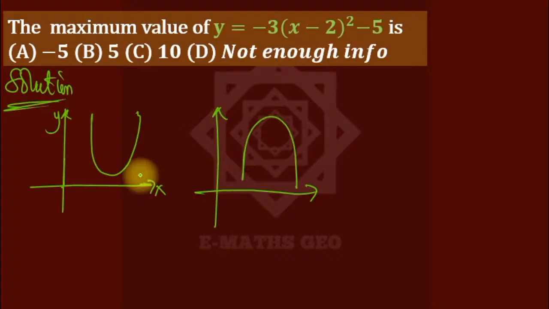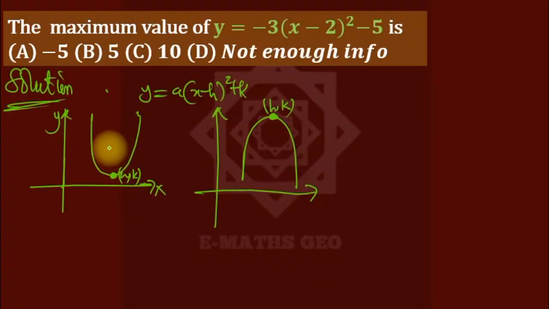Every quadratic function is y equals a times x minus h all squared plus k, and this is the vertex, (h, k).